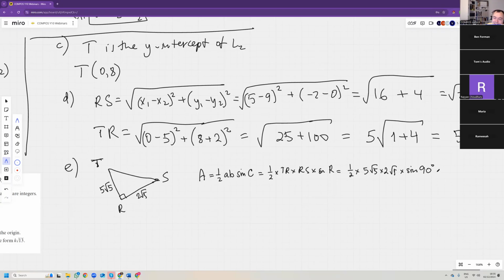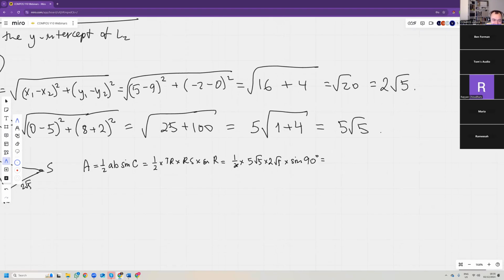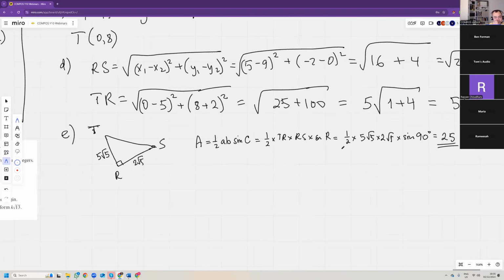But sine 90 degrees is 1. And that is 1/2 times 5 times 5, which is 25. That's it. The answer is 25.